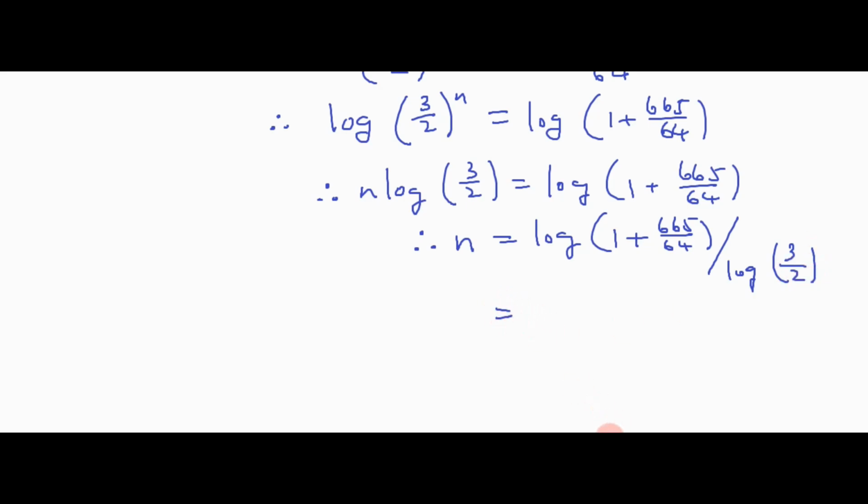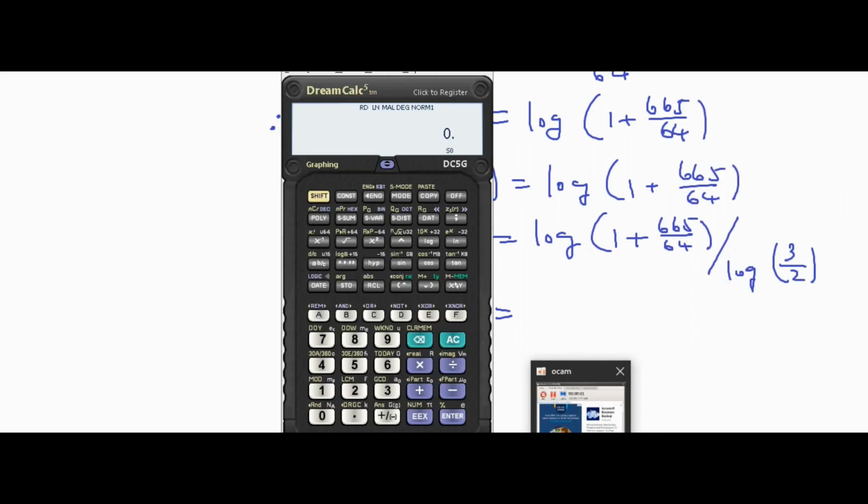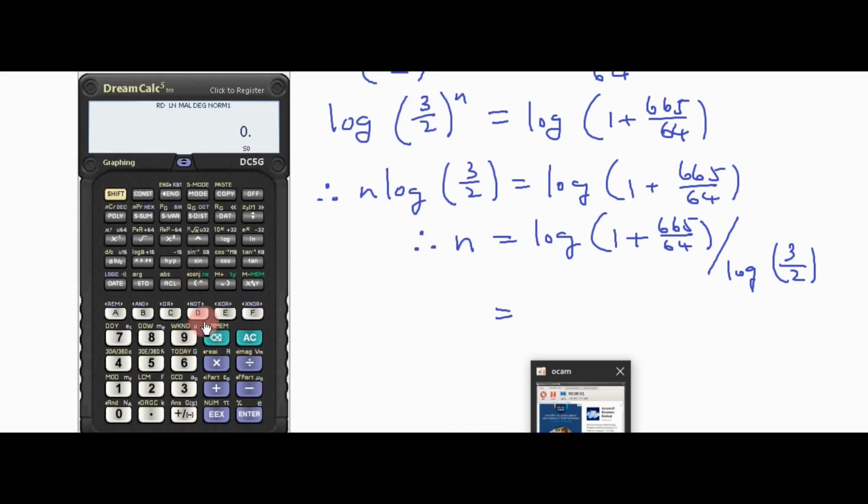And now we can use a calculator. So we have the log of the left-hand side, or rather the log of 1 plus 665 divided by 64, divided by the log of 3 over 2.